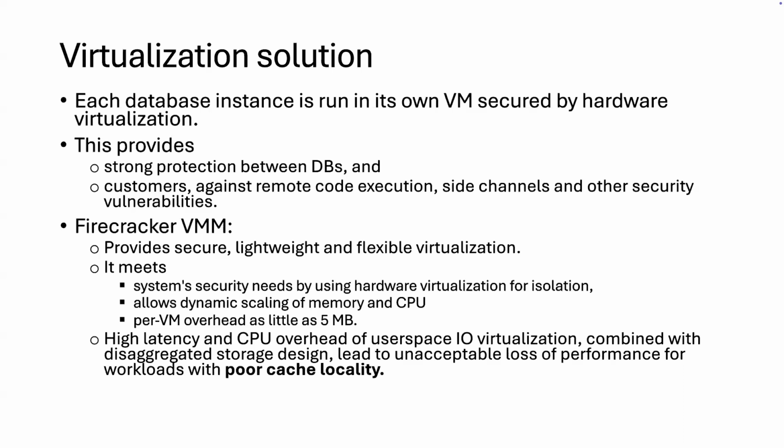So the overhead was very low. But when they were testing this solution, they faced high latency and CPU overhead of user space IO virtualization. Combined with their disaggregated storage design, it led to reduced performance and increased latencies for certain workloads with poor cache locality. So that's why they haven't chosen this solution.